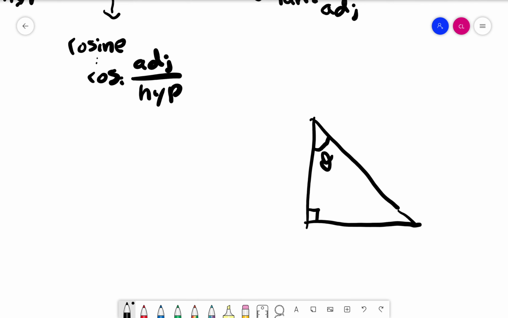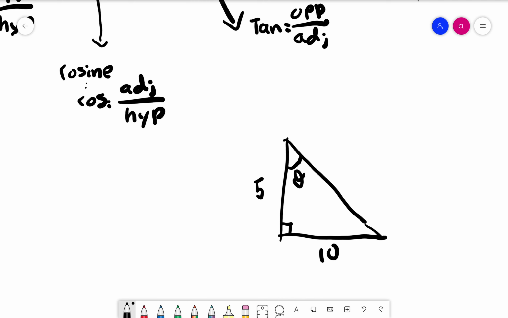We're finding theta and given, say, 10 here and 5 here. Once again, that's the adjacent and that's the opposite.